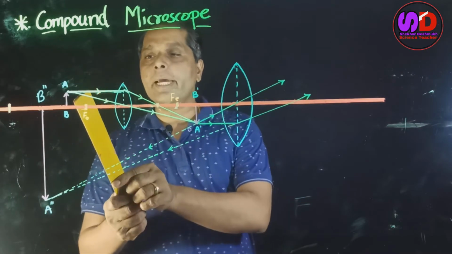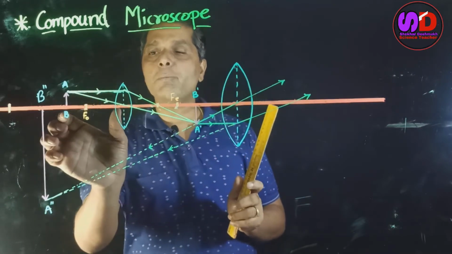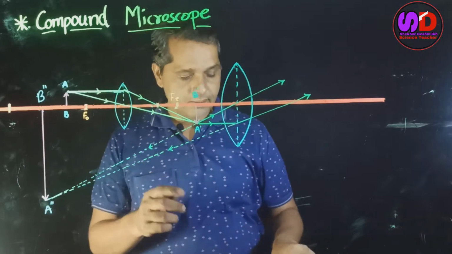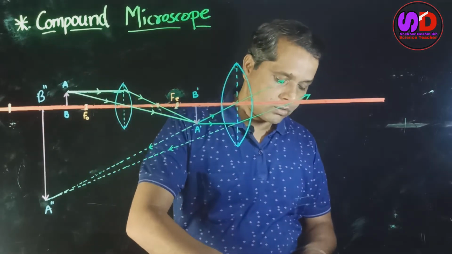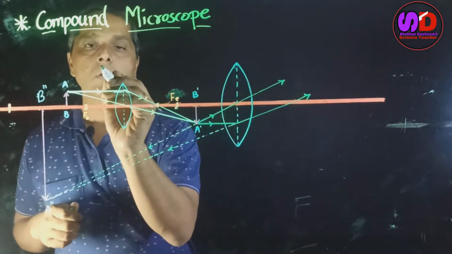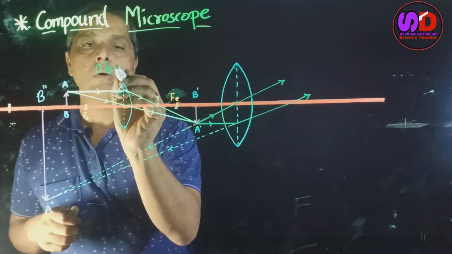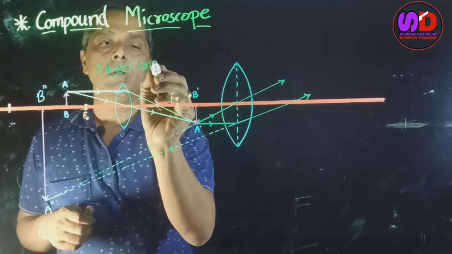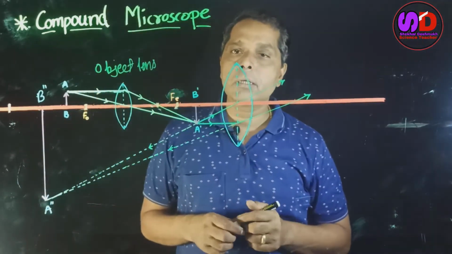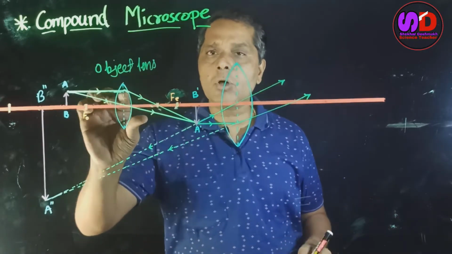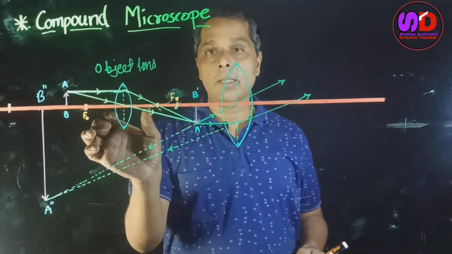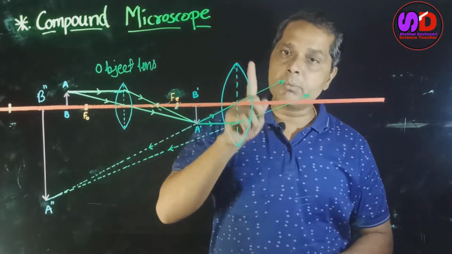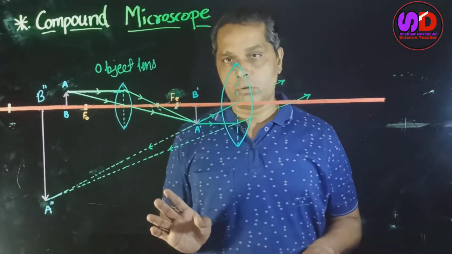Suppose this is an object, a very small object, and this is an object lens. The object lens has a smaller cross section and smaller focal length. Keep in mind, if the focal length is small, then the power is more.